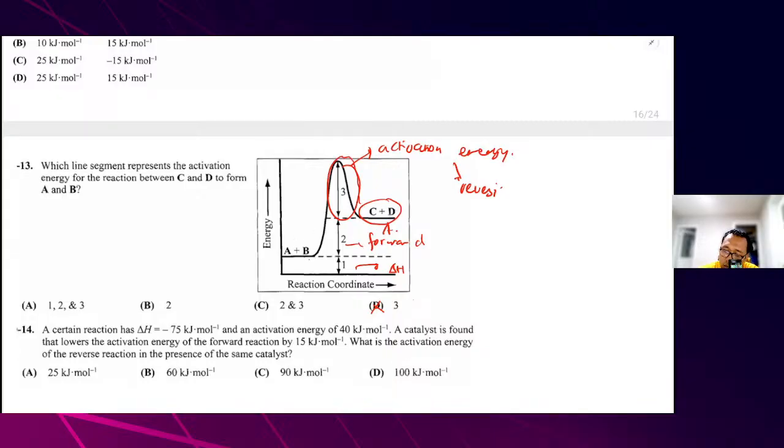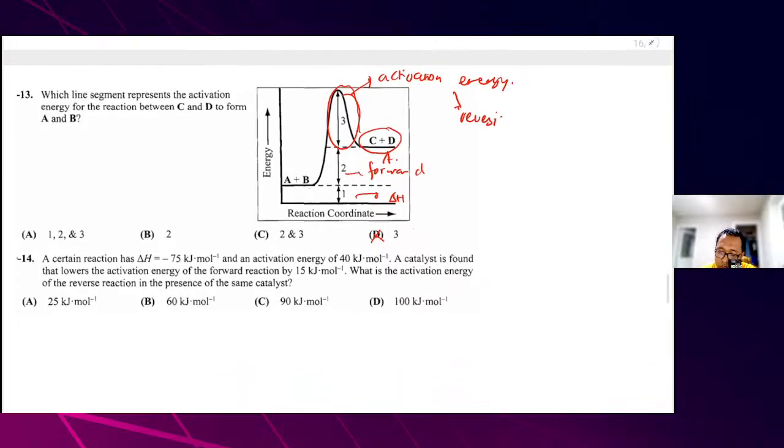So it should be the activation energy for C plus D to form A plus B. Why not 2? 2 is for if we want to make the reaction from A plus B to C plus D. So number 13 should be D.